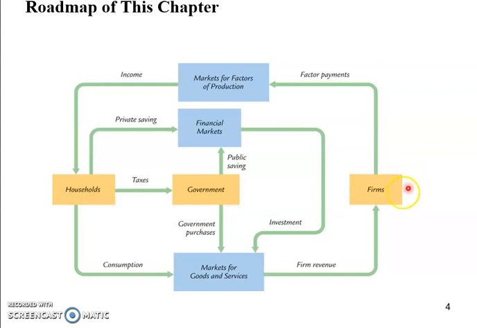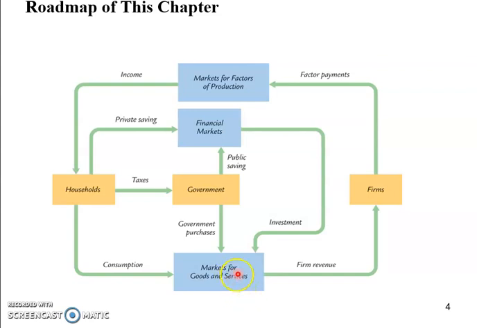The households and the firms within this economic system are connected by two types of markets. The first one is a market for goods and services, where the consumers can buy, for example, cars, computers, or legal and financial consultants as a type of service.